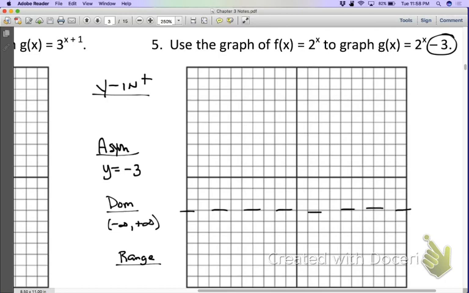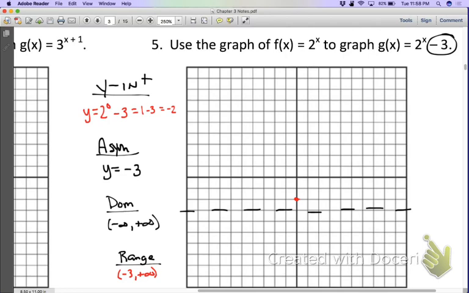My y-intercept: y equals 2 to the 0 power minus 3. Remember, anything to the 0 power is just 1, minus 3. So the y-intercept is at negative 2. It is above my asymptote, so my range is going to go from negative 3 to positive infinity.